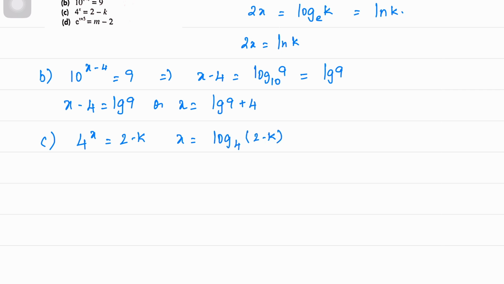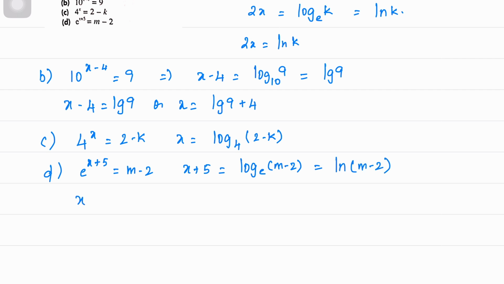Now let's move on to D. e raised to x plus 5 equals m minus 2, and this is x plus 5 equals log base e of m minus 2, and we know log base e is natural log, and we can rewrite this as natural log of m minus 2.